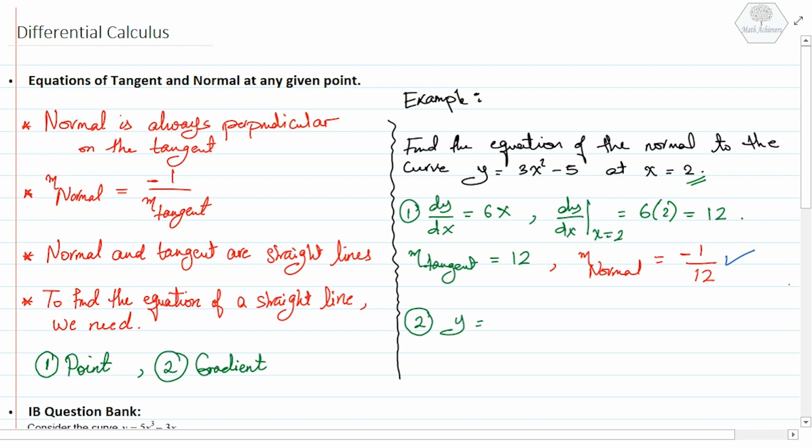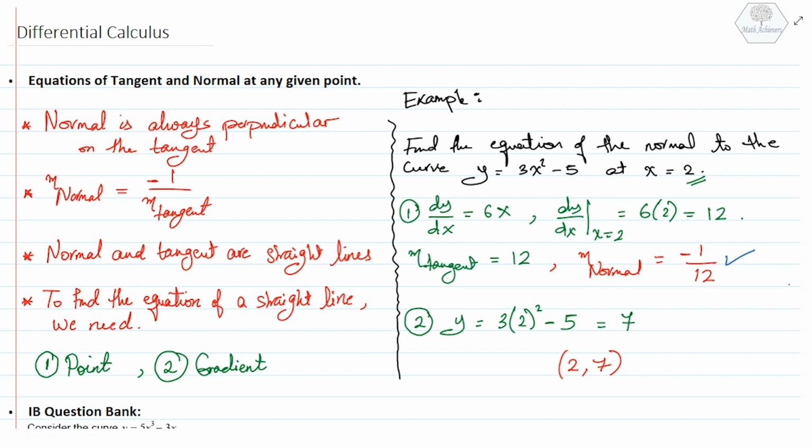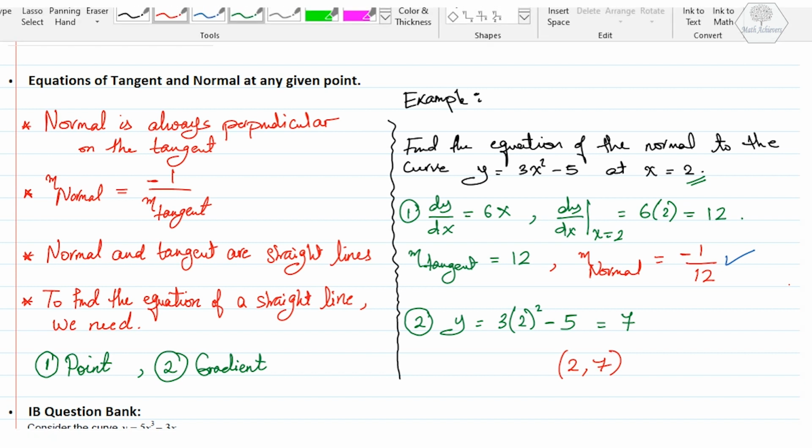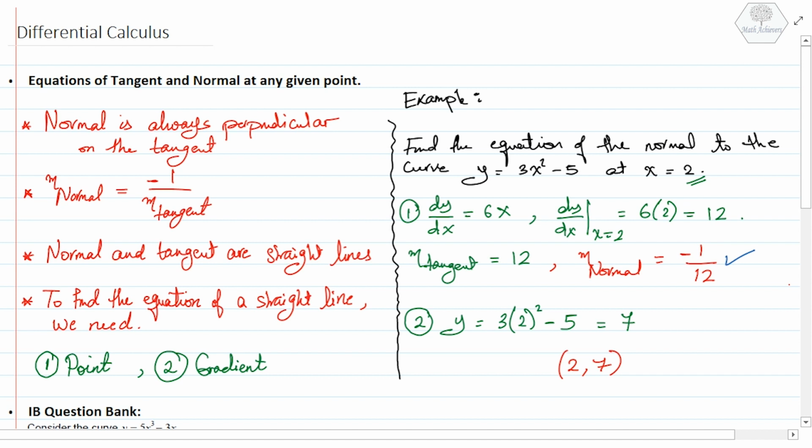So y is equal to 3 times 2 squared minus 5, so the value of y is 12 minus 5, which is 7. So now I know that my point is (2, 7). Now to find the equation of the normal, I have the gradient of the line and a point on the line, and then I can find the equation of my normal using what we learned in previous lessons.